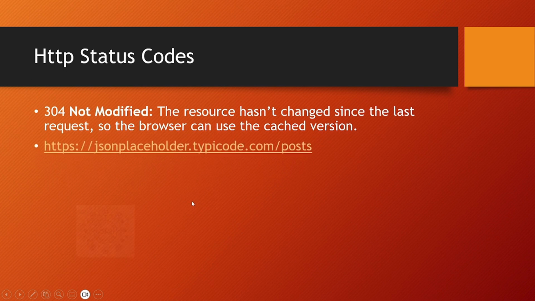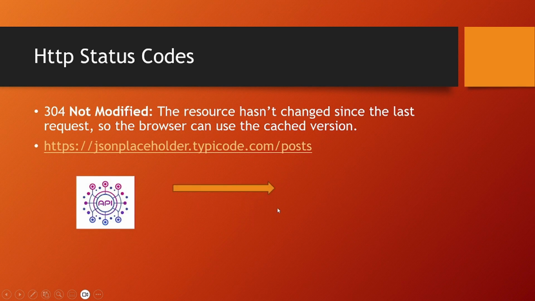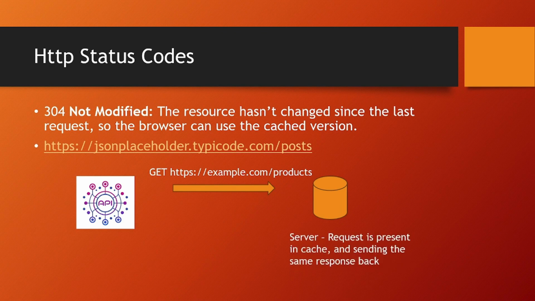Whenever any client sends a request, for example I'm sending a request for getting the product details again and again, the server will see that the response is already present in the cache, and it will send back the same response with the status code 304 not modified, meaning that the response the client is receiving is not modified and is coming from the cache. So whenever you see something with 304, it's coming from the cache.